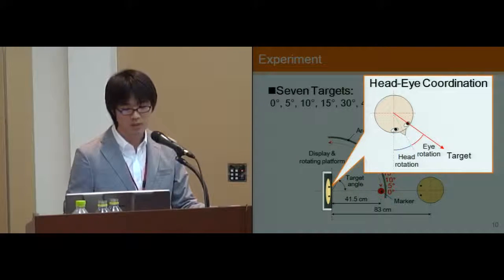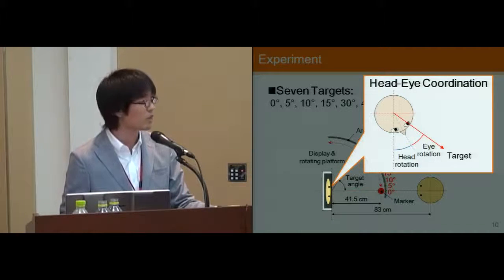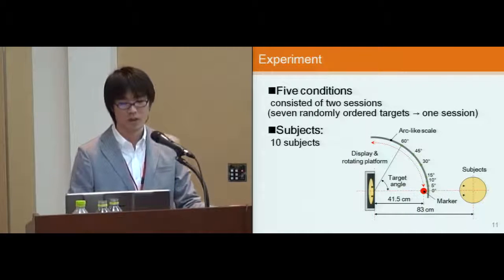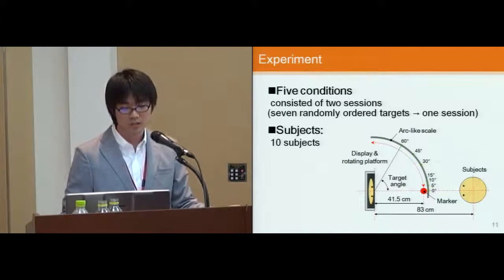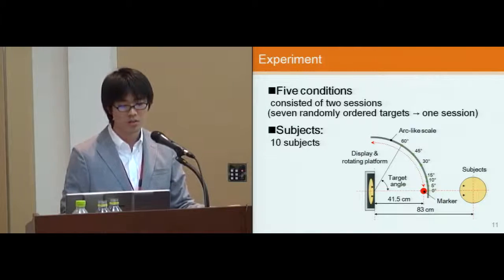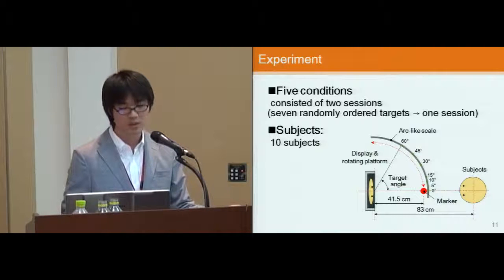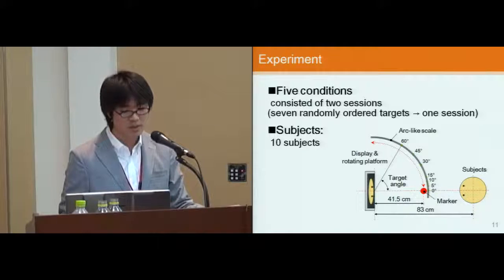So we measured the head-eye coordination ratio before the main experiment and used the obtained ratio in the main experiment. Each subject conducted the experiment under 5 conditions. Each condition consisted of 2 sessions, and one session consisted of 7 randomly ordered targets. We recruited 10 subjects.